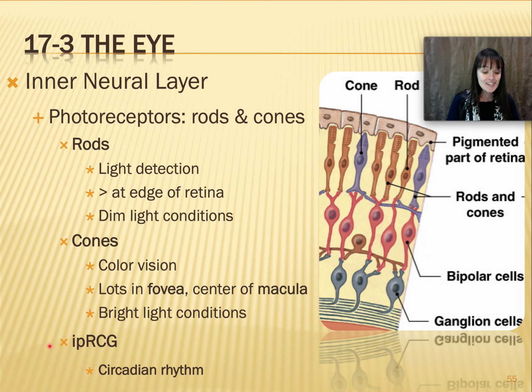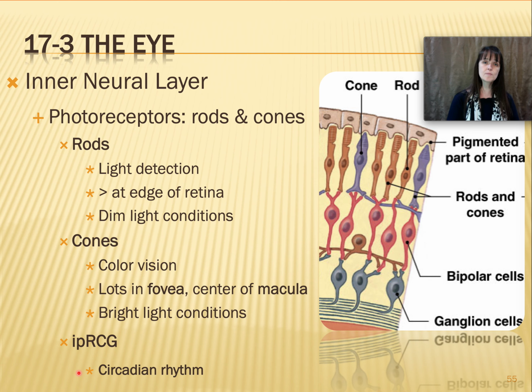And then we have a new set of photoreceptors other than just rods and cones. They are the intrinsically photosensitive retinal ganglion cells, the lowercase i, lowercase b, p, capital R, capital C, capital G. The ipRGC. They help feed reflex control of your circadian rhythm.